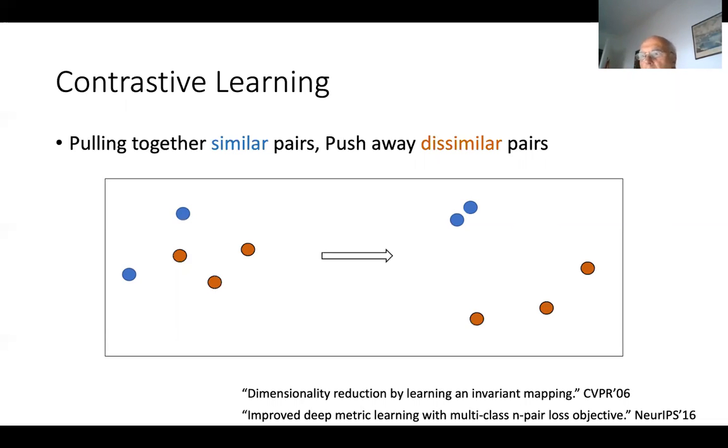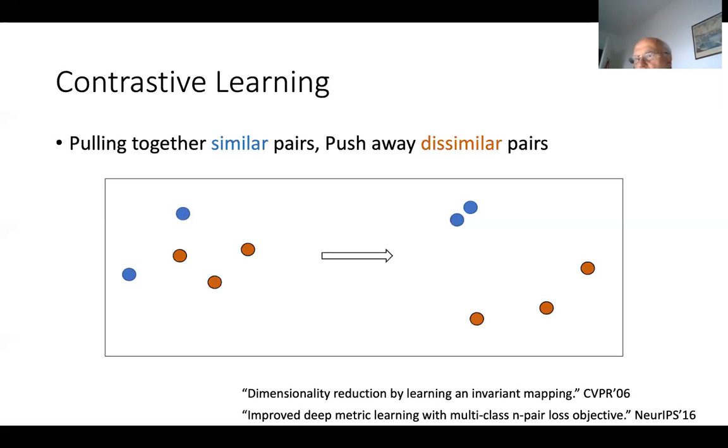Later on, there are other losses, like the triplet loss. But the thing is, you really have to do hard negative mining over the triplets, because it's very easy for us to get non-informative negatives.